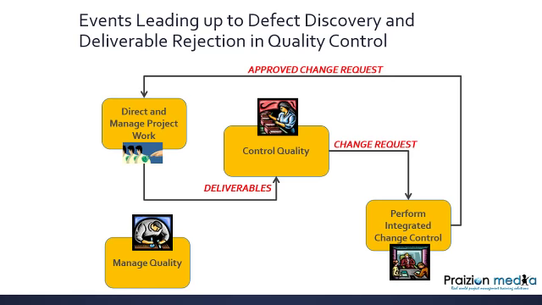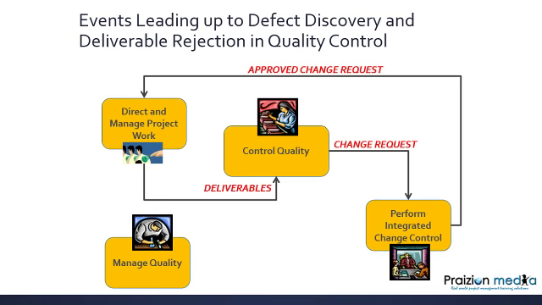So we're going to take that approved change request, and that is going to become an input to direct and manage project work. You see that? Now, folks, bear in mind something else could be happening when you've got an approved change request. And I don't want you to lose sight of this because you'll see this as a recurring theme throughout the PMBOK guide.